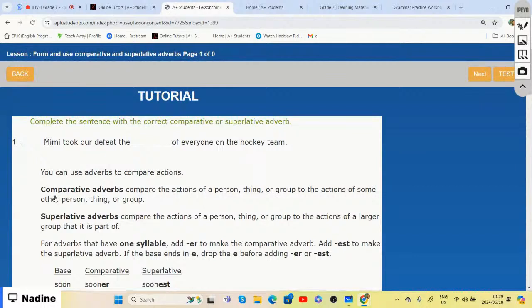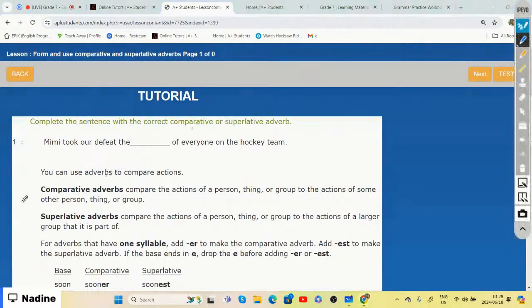And a comparative adverb, right? It compares the actions of a person, thing, or even a group to the actions of some other person, thing, or group. It's like comparing a group to another group, a person to another person, an animal to another animal, a thing to another thing.